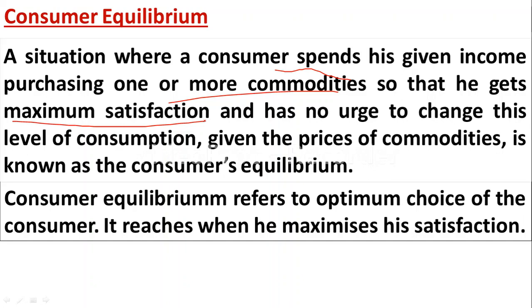So it is the combination which the consumer is going to choose, and this combination is giving him a higher level of satisfaction and he doesn't want to change it. So in this way consumer's equilibrium is known as the optimum choice of the consumer. It is reached where the consumer gets the maximum level of satisfaction.